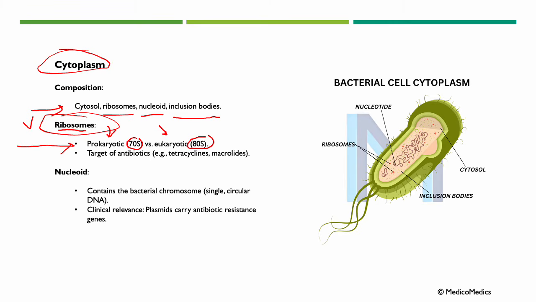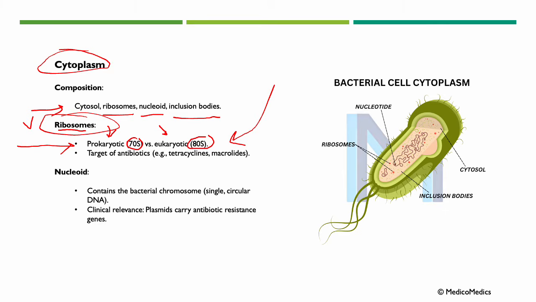Now, these ribosomes consist of two subunits, a large and a small subunit, which together form the ribosome's overall structure.